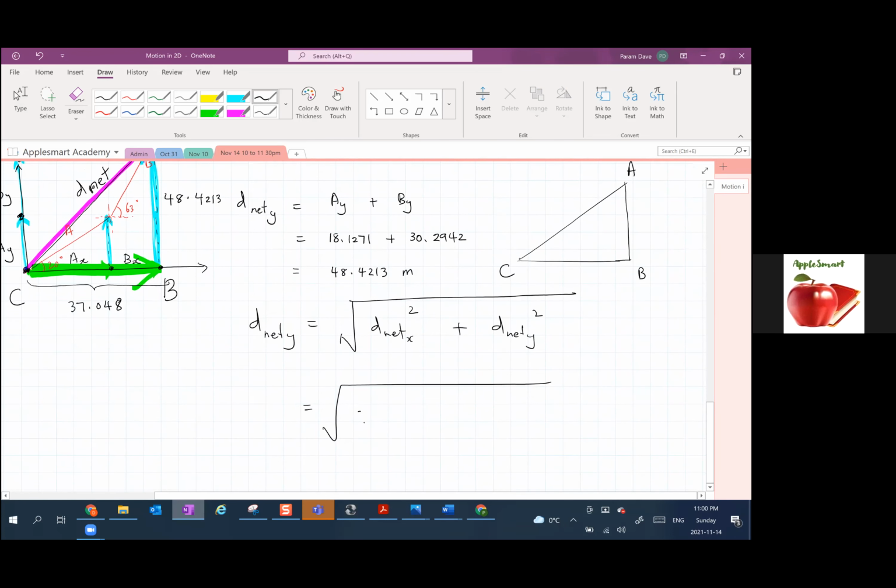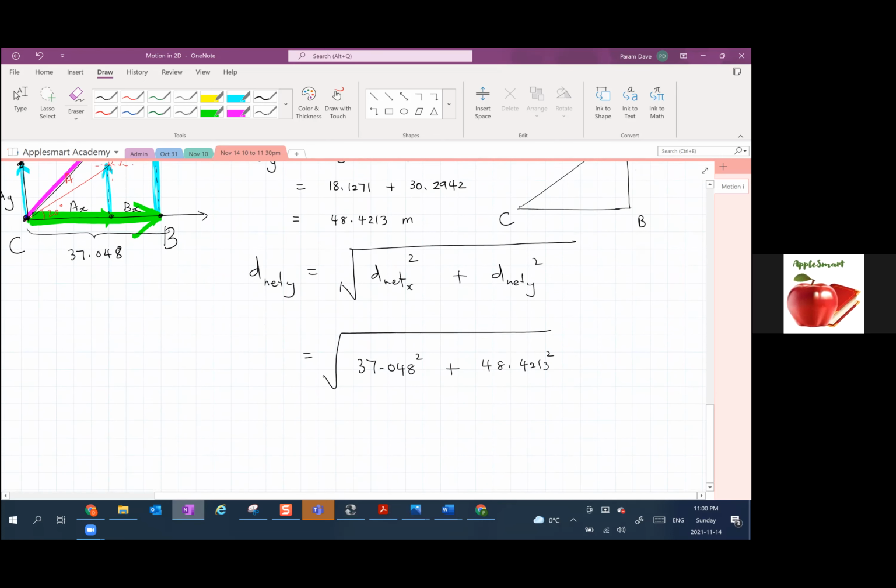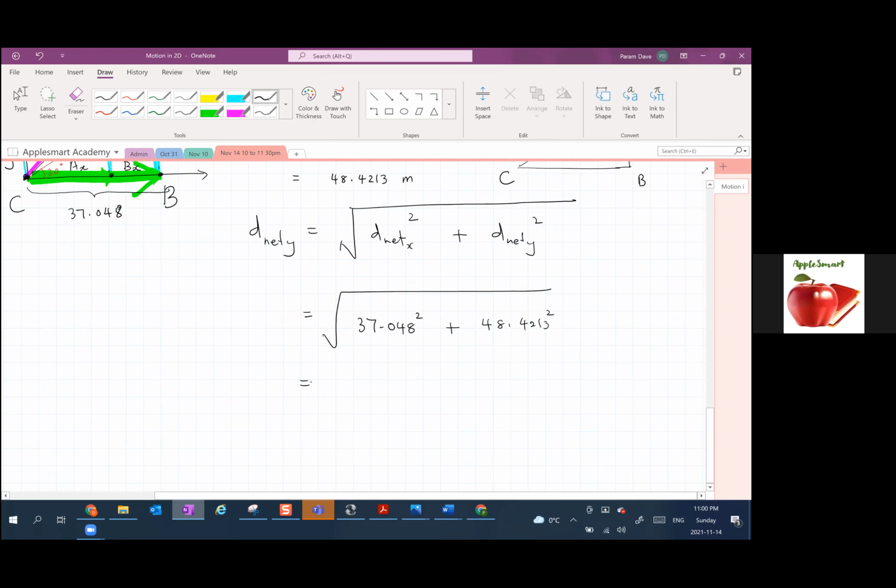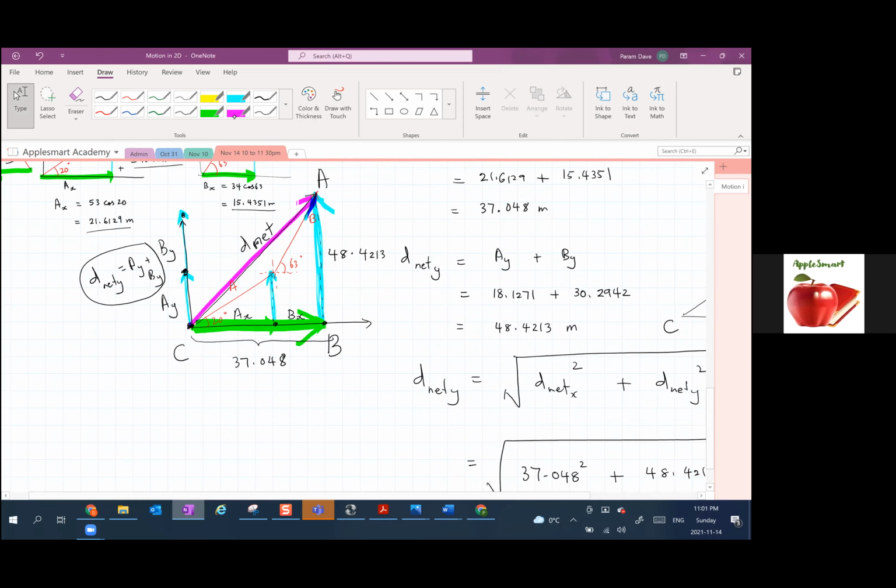So 37.048 squared plus 48.4213 squared. I got 60.9687. Okay, can I get one more person to confirm that, please? So that is your magnitude. Remember, it's still the magnitude. We still have to find out the direction.